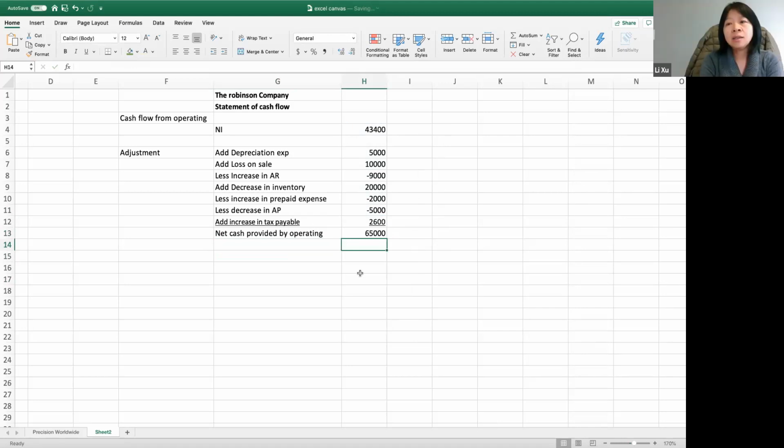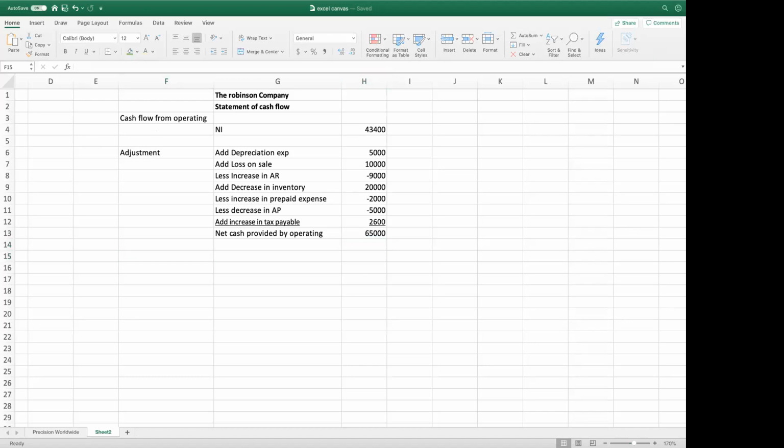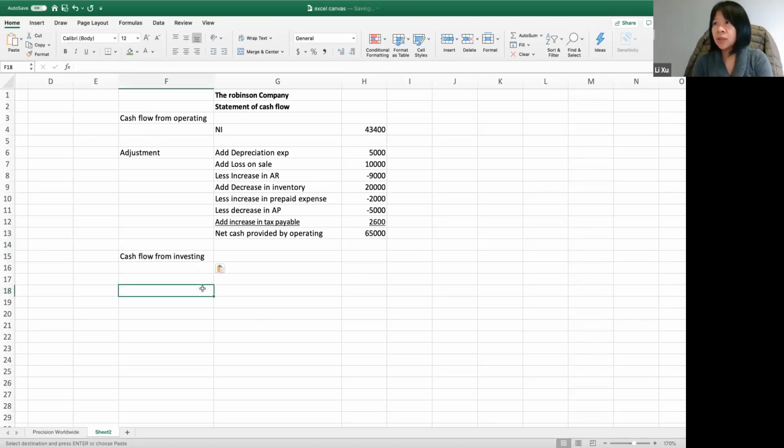All right. So next, what we're going to do is look at the cash flow from investing activities. So look at it here. For this cash flow from investing, remember what we talked about last class.